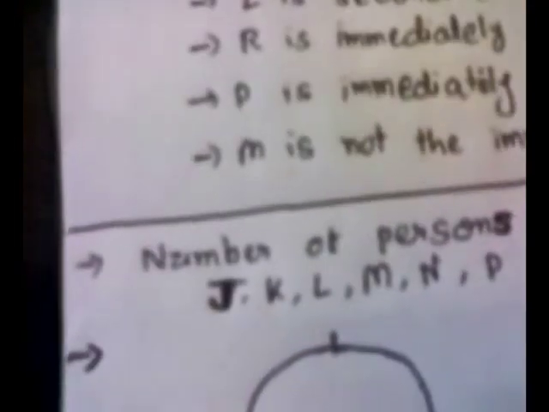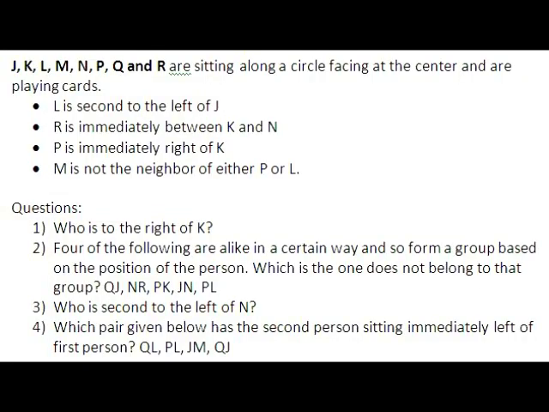Okay, now hi friends, we will look at another circle question here. Again we will follow the first step, that is, we find out the number of persons sitting around the circle. If you read our question, it says J, K, L, M, N, P, Q and R are sitting along a circle.